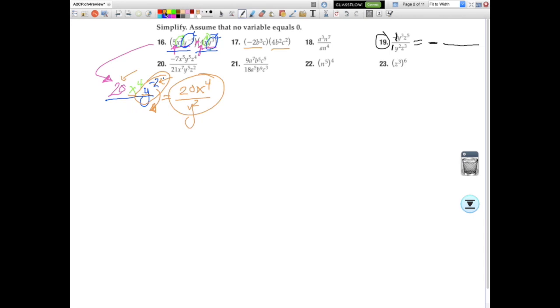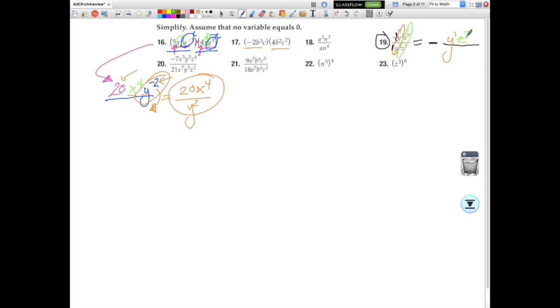Next, and here's one of the other properties we haven't covered yet, when you have like bases being divided by each other, okay, and that's what I have here, y to the third divided by y squared, we take our powers and we subtract them, top minus bottom. So 3 minus 2 is 1. I'm going to have a y to the first power put in my numerator. My next part is z, and it's z to the fifth over z to the third.